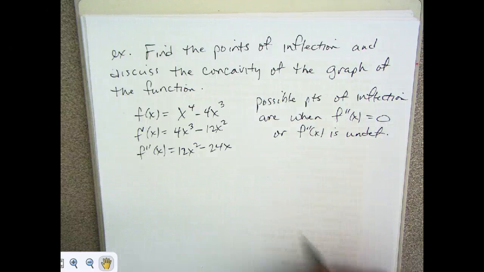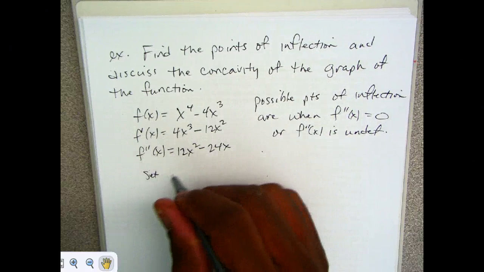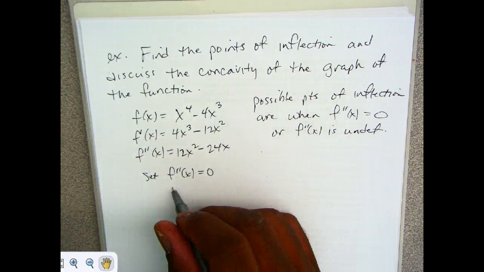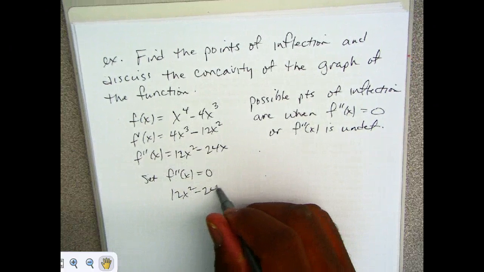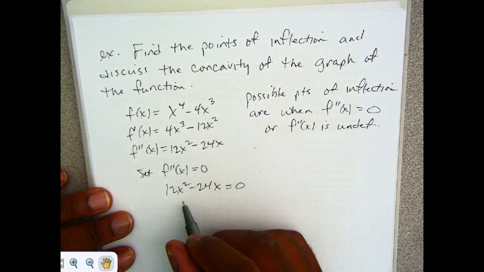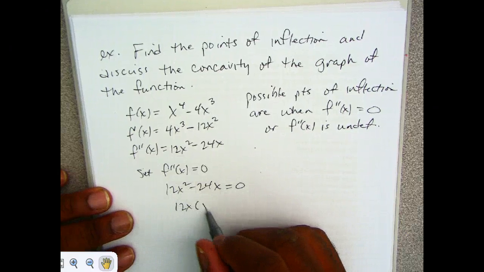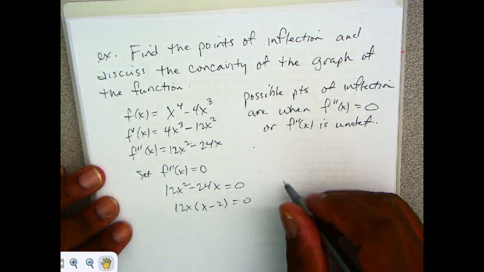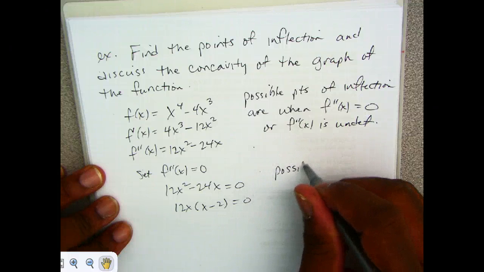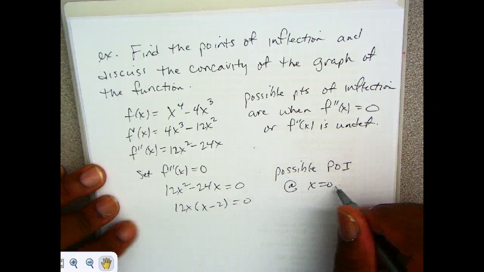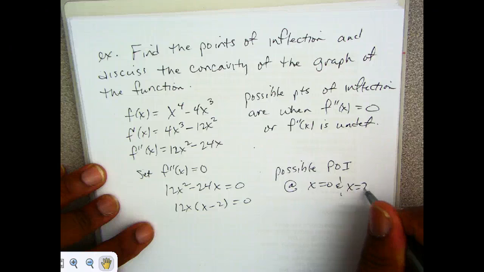So let's set f double prime of x equal to 0, and we end up with 12x squared minus 24x is equal to 0. Well, we can factor out a 12x, we get x minus 2, that's equal to 0. So we have possible points of inflection at x equals 0 and x equals 2.